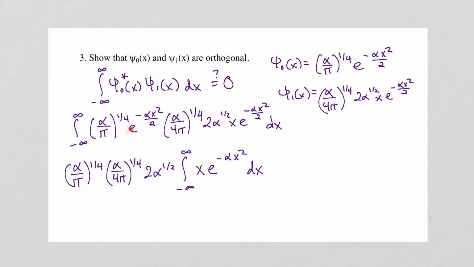Remember, we've got these two Gaussian function terms. So when we multiply those together, our 2 in our denominator goes away. So we're just squaring those functions essentially. Okay, so we have an integral that we need to evaluate.